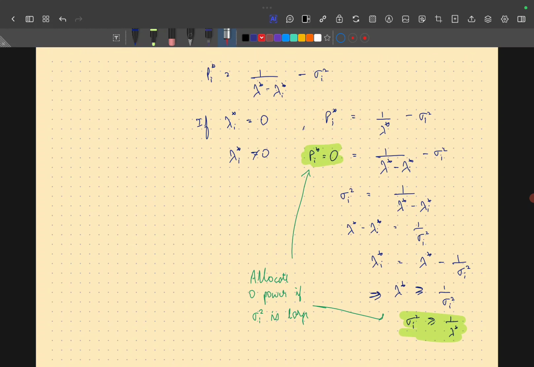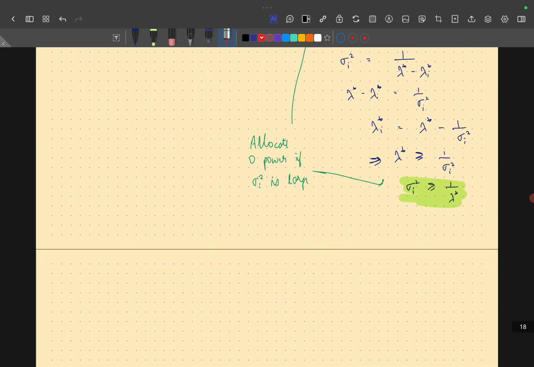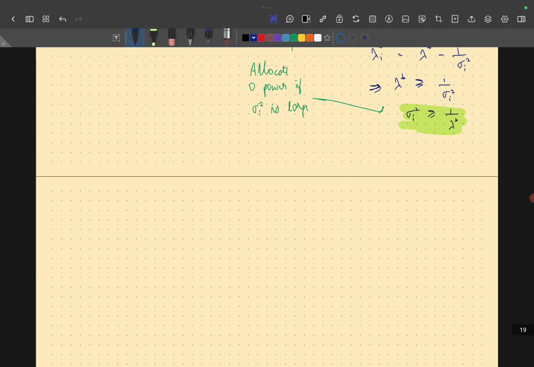If pi star is non-zero, then it must be equal to 1 by lambda star minus sigma i square. So basically, the power that you allocate to each subchannel is going to be 1 by lambda star minus sigma i square if sigma i square is less than 1 by lambda star, and it's equal to 0 if sigma i square is greater than or equal to 1 by lambda star. Let me summarize that.